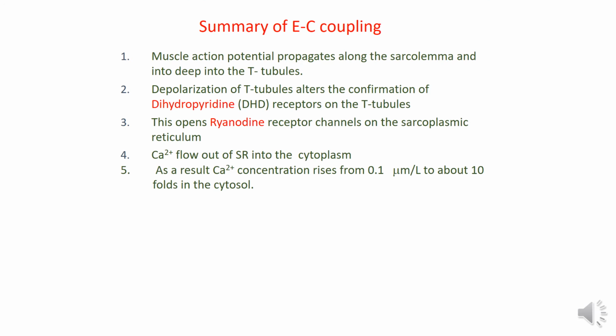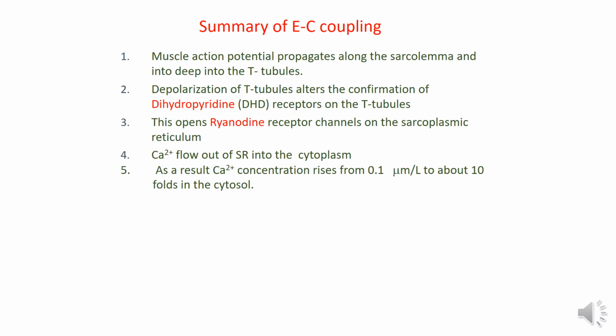If we look at the summary of excitation-contraction coupling: the muscle action potential propagates along the sarcolemma and the T-tubules. Depolarization of the T-tubules activates the dihydropyridine receptors, which activate the ryanodine receptors on the sarcoplasmic reticulum.